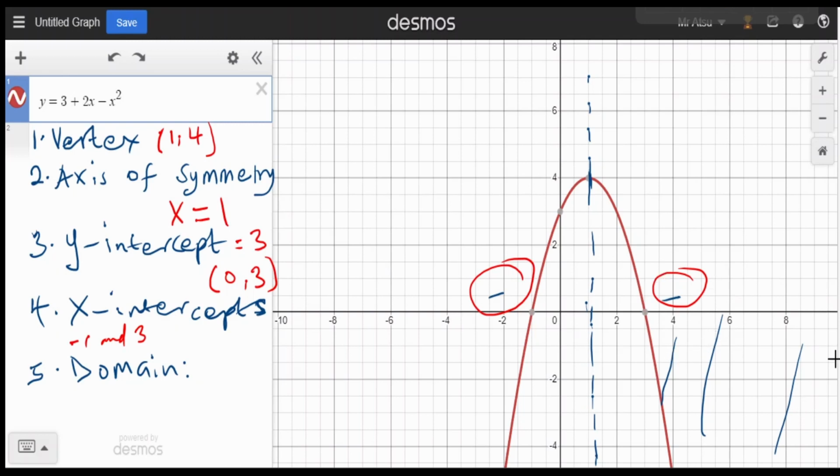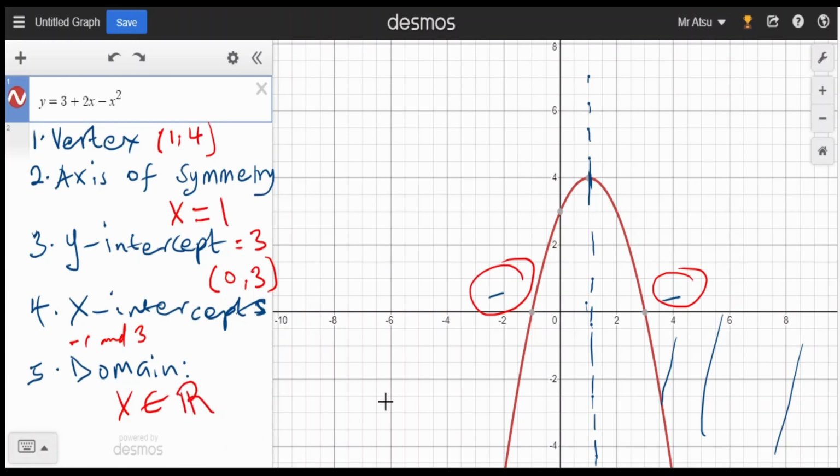So any value you reach on the x-axis will touch the graph, and when you come to the left too, it will still touch the graph. And it's not only for the integers, but any number in between will still touch the graph along all places. So because of that, the domain for any quadratic function is all real values: x belongs to all real numbers.